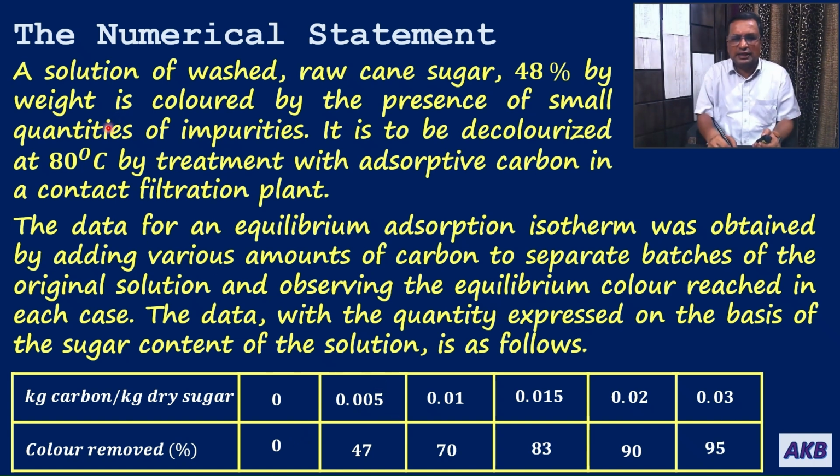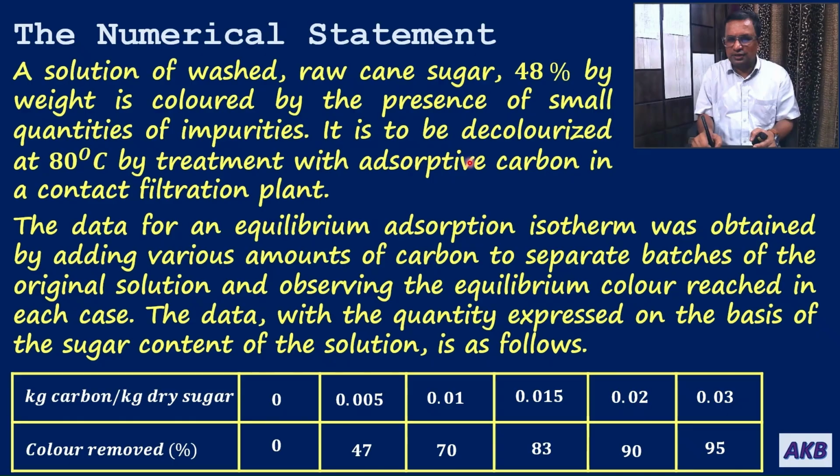So basically, in this case, you have a solution of raw cane sugar in water, and the solution is containing 48% by weight of the sugar. And the problem is this solution is containing some colored impurity, and the task is to remove this colored impurity.